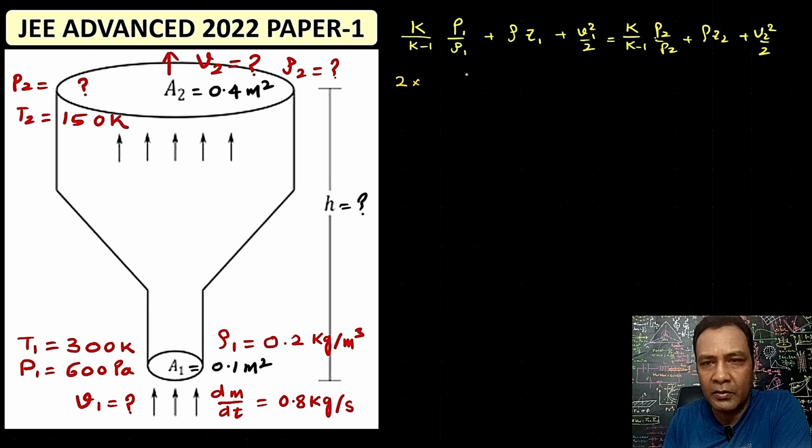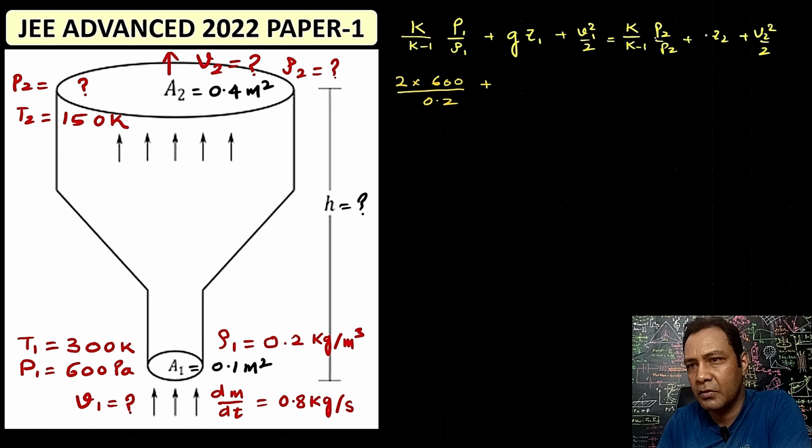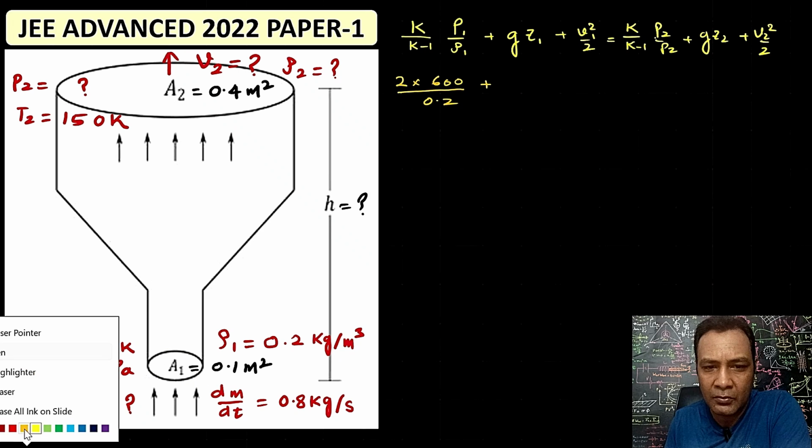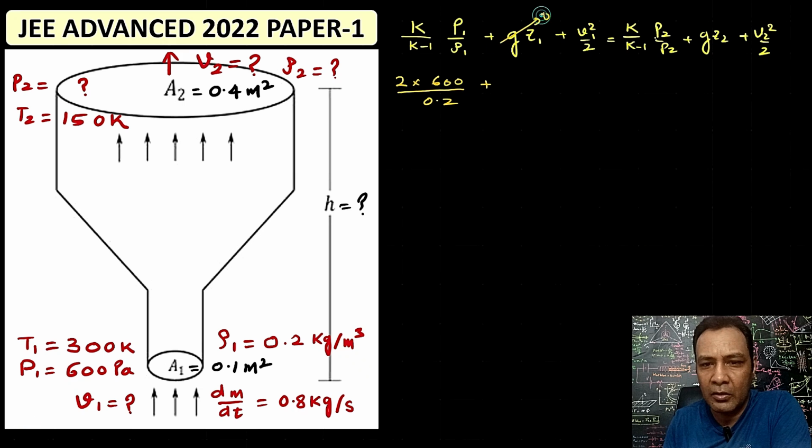At the lower end, p1 is 600, density is 0.2, this is rho 1. Again, one minute, this is not rho z1, this is gz1, and this is gz2. At the lower end, suppose we take this height starting from here, so this is 0, and v1 is 40, so 40 square by 2.